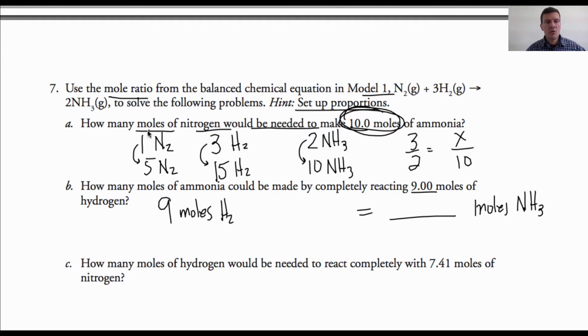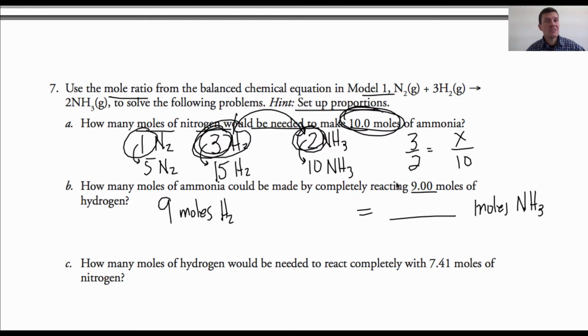I look up here at the mole ratios, 1 to 3 to 2, and I am curious to find the ratio between hydrogen and ammonia. Hydrogen and ammonia, it's a 3 to 2. Every 3 moles of hydrogen is going to produce 2 moles of ammonia. Well, I've got 9. That's triple.